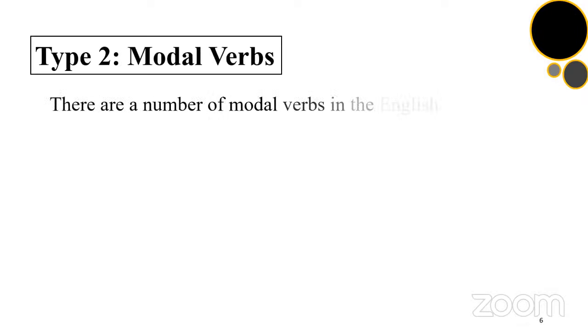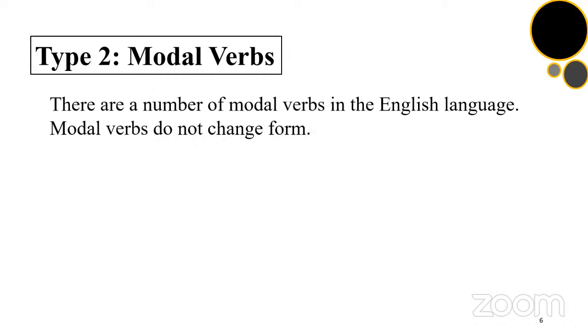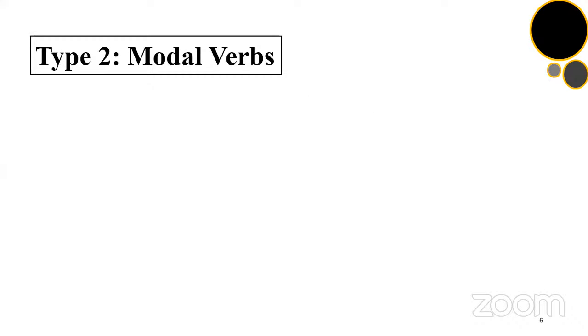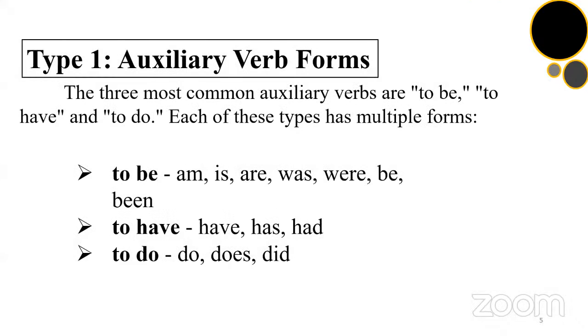Next is modal verbs. What are the different modal verbs? With respect to modal verbs, they don't change their form in any sense. Whereas auxiliary verbs change based on the tenses, whether past, present, or future, and based on the persons, first person, second person, singular or plural.